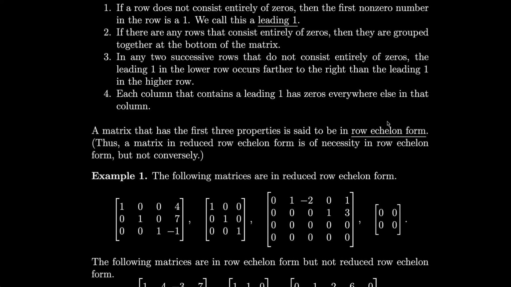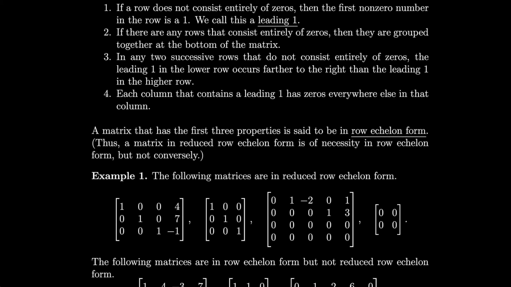As an example, let's look at these matrices over here. Notice that they are in reduced row echelon form. They have these leading 1s for each of their rows that have non-zero entries. They have rows that consist entirely of zeros on the bottom.